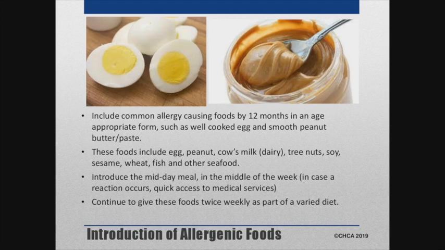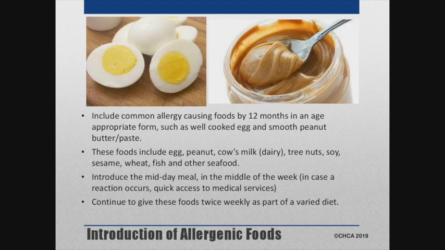And so the idea is that we provide small amounts as a trial over a 3 to 4 day period, small amount, middle of the day, middle of the week, mainly because that's when the emergency rooms are not as busy. But certainly working in the north, the community health centres there, we should introduce these slowly, increasing the amount. So a small amount of peanut butter and then increasing that on a weekly basis.